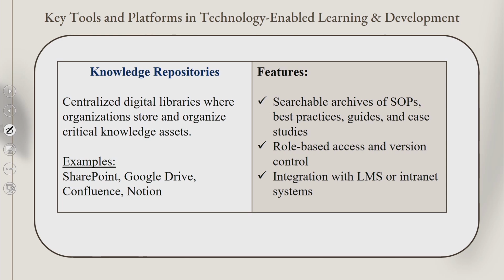You'll also have integration with LMS or intranet systems. Typically, the examples that come to our mind when we talk about knowledge repositories are SharePoint, Google Drive, Confluence, Notion, etc. Typically, the connect with L&D is that it ensures easy access to institutional knowledge.